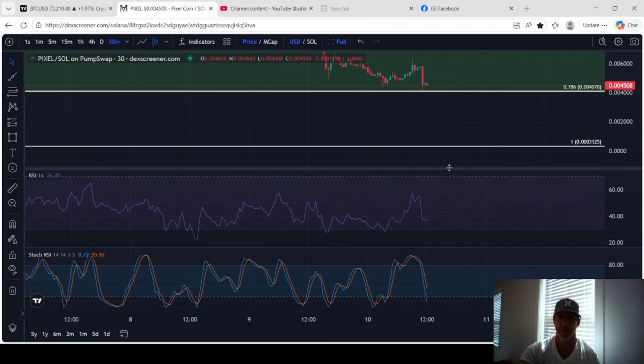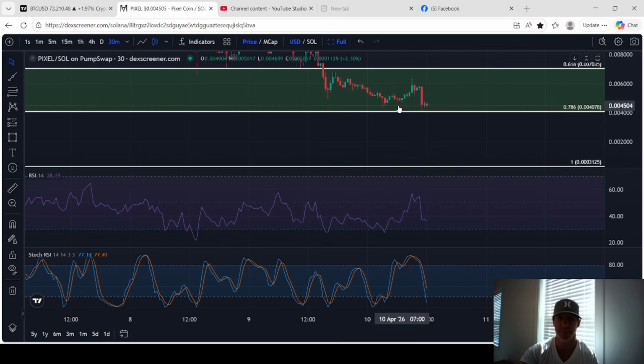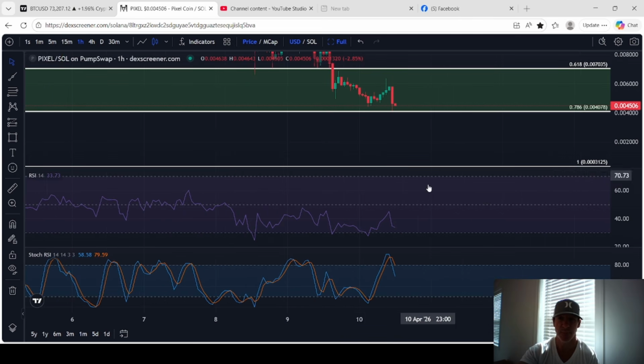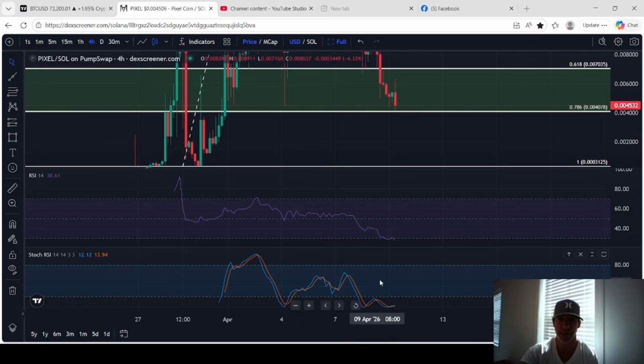So now let's look at the RSIs. The 30 minutes is trying to come back down. We were bullish earlier, moving up. Now it's trying to come back down again, so kind of bearish on the 30 minute. 1 hour coming back down, bearish. 4 hour, we're here at the bottom.